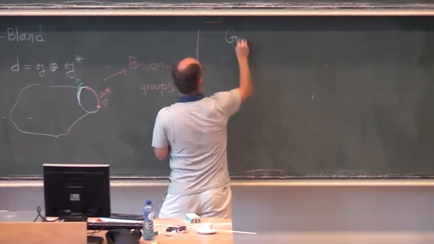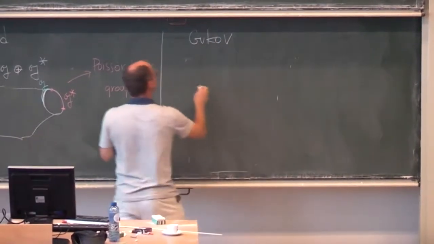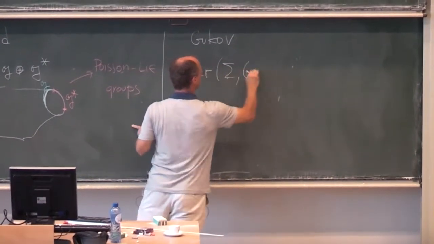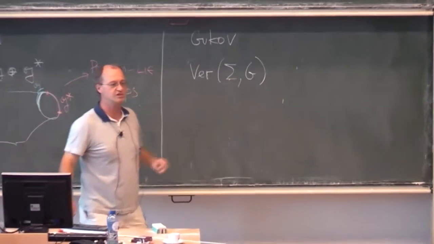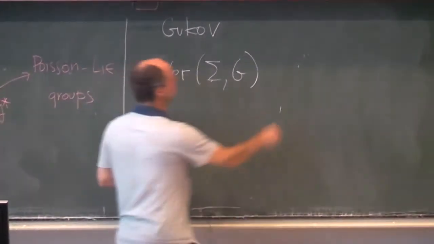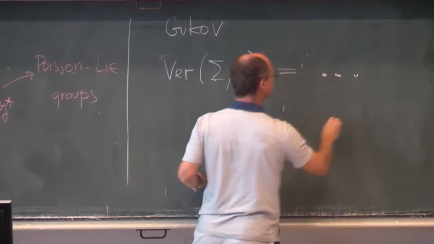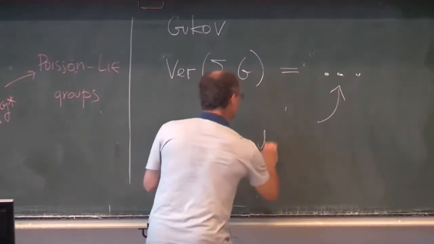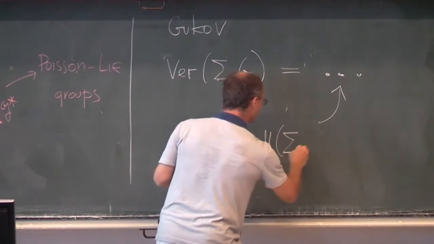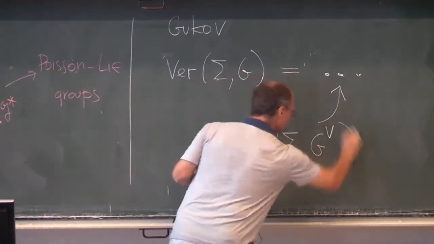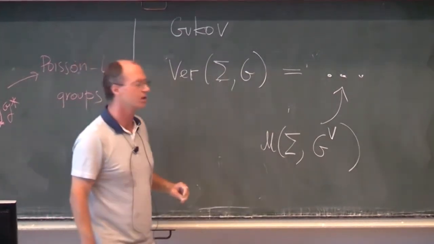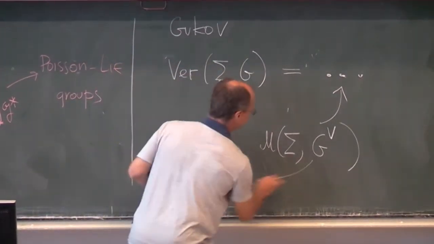That's a talk by Gukov, and he's looking at the Verlinde formula for the surface sigma and the group G, and he's relating some parts of this Verlinde formula to the moduli space on the surface sigma and the Langlands dual group, the group corresponding to the dual root system.